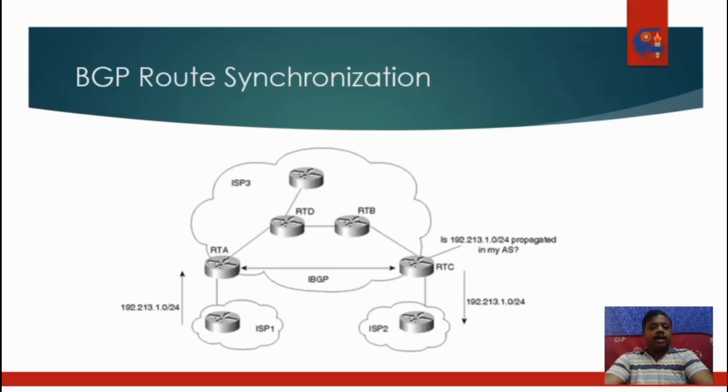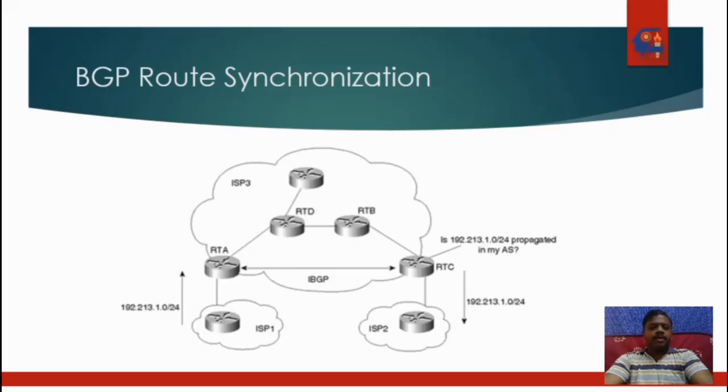Note that other routers beside RTA and RTC are not running BGP and have no knowledge so far of the existence of the route 192.213.10/24. If RTC advertises the route to ISP2, traffic toward the destination 192.213.10/24 will start flowing towards RTC.